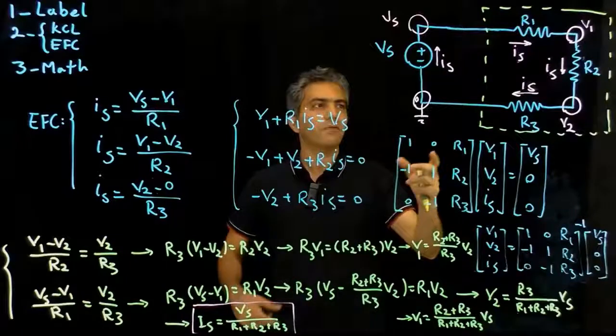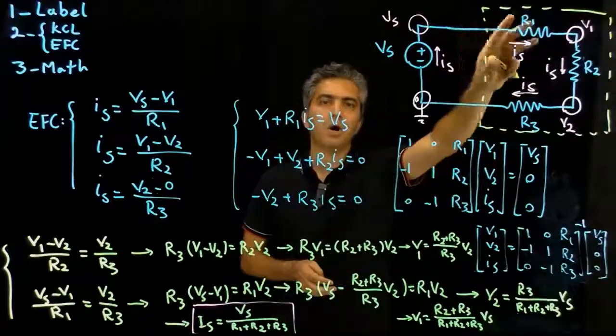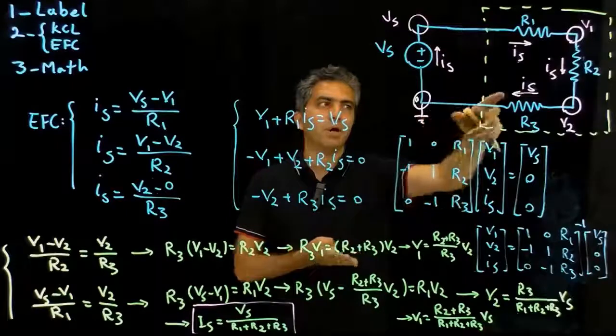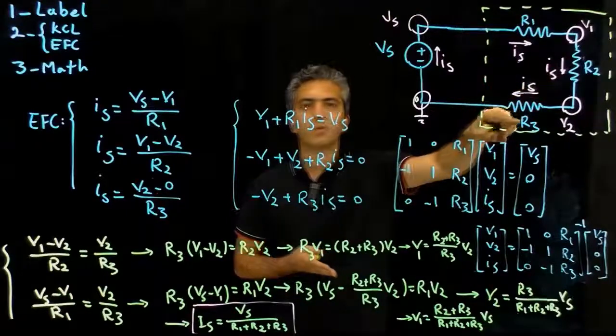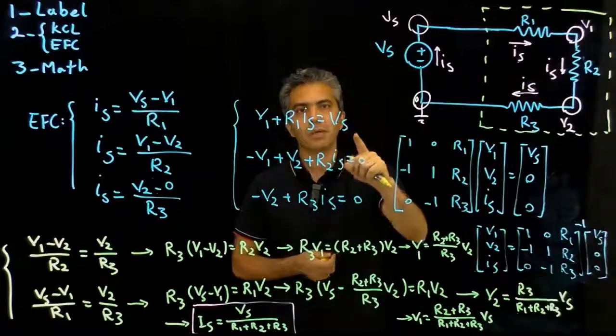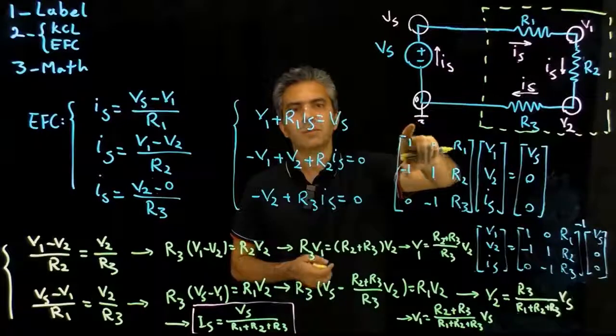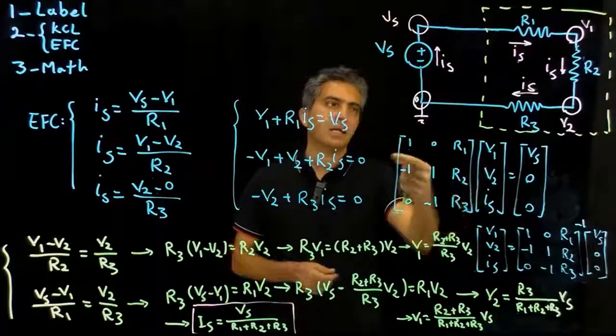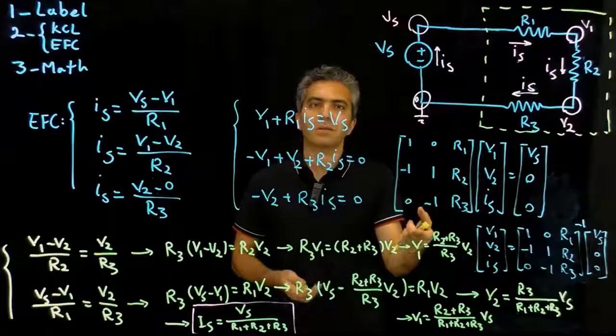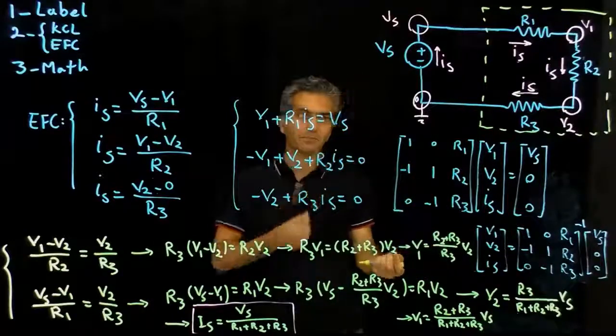In other words, if I take this box and replace it with a box that doesn't have these three components, but only one component, and both of these boxes behave the same, then I can say that these two boxes are equivalent to each other.